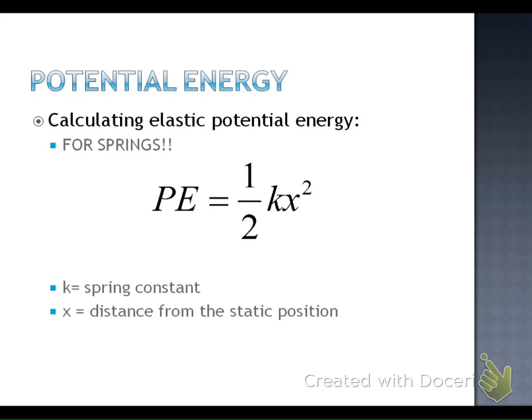K is the spring constant and x is the distance from the static position. So whenever we see that K in an equation, we have to know that we're dealing with springs or coils.